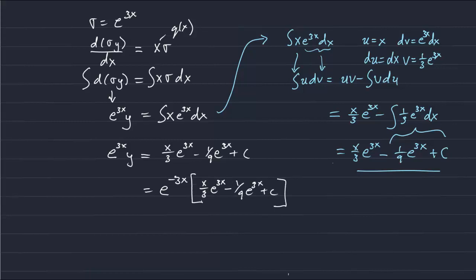So this is y. We've multiplied both sides by e to the minus 3x. So the left-hand side gives us y, and that gives us x over 3 minus 1/9 plus c e to the minus 3x. And this is our general solution.